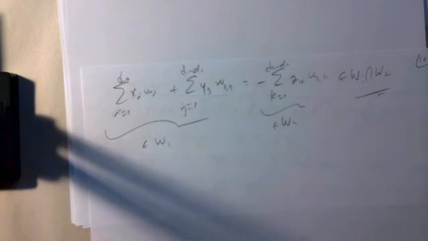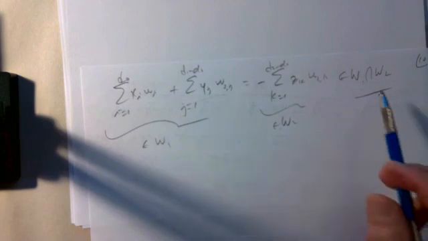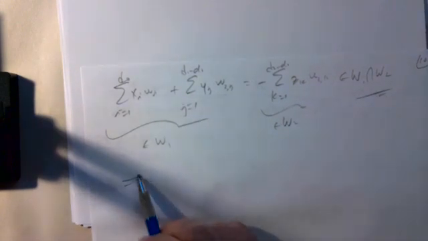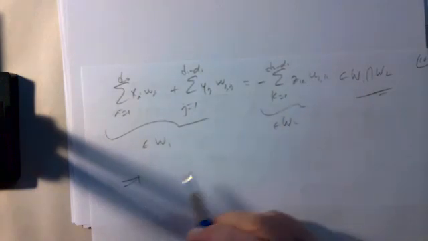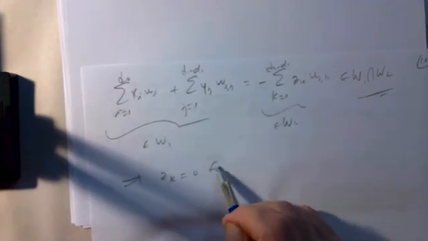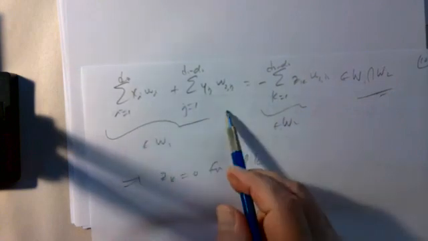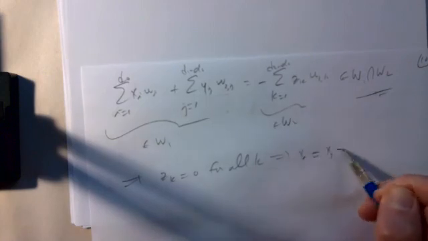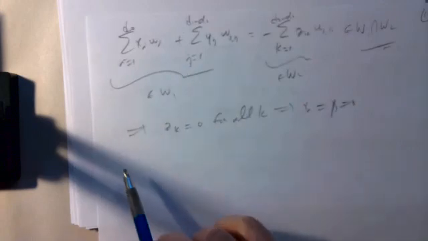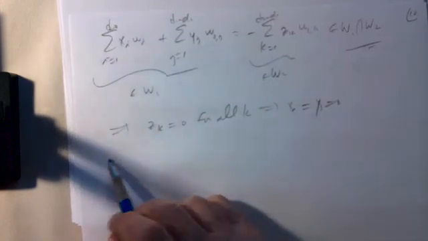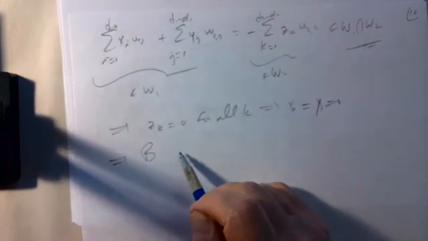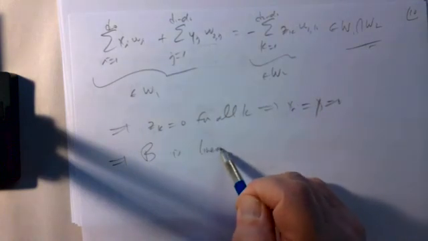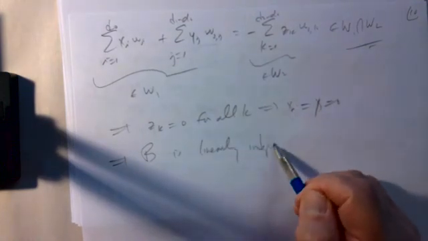This vector has to be in W1 intersect W2, so all of these coefficients have to be 0. Which means this is 0, and these vectors are linearly independent, so all the x_i's and all the y_j's are 0. So the only linear combination of this big set of vectors that gives the 0 vector has all the coordinates equal to 0. So my set B is linearly independent.